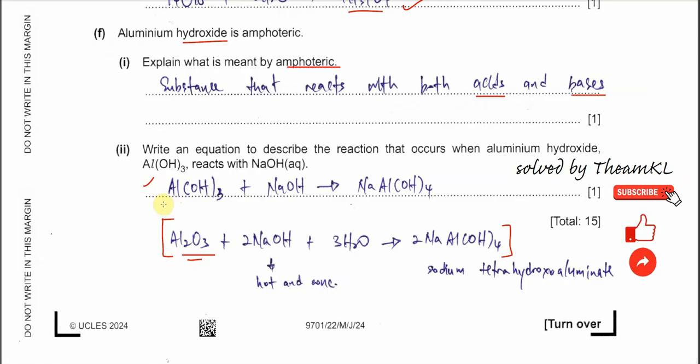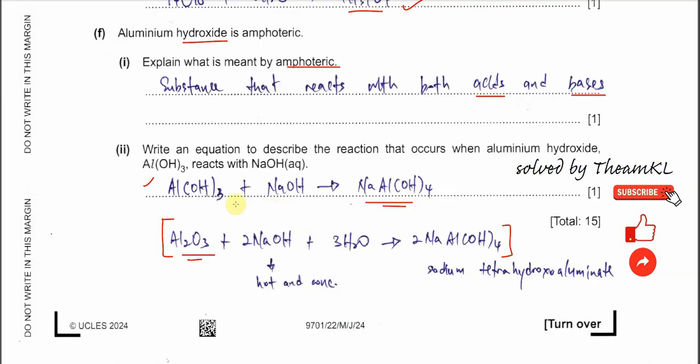And when we add in excess, the sodium hydroxide will further react with the aluminium hydroxide to form a compound. This compound is soluble in the solution, and the compound formed is sodium tetrahydroxoaluminate, which is clear.